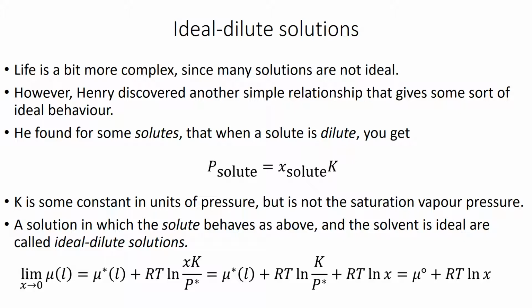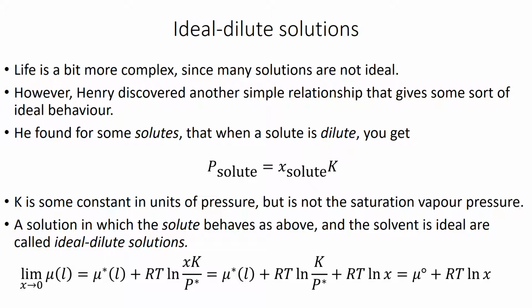And basically what I've written down here at the bottom states that in the limit of the mole fraction becoming 0, that's just to say it's becoming dilute, the chemical potential of your solute is equal to its pure state chemical potential plus RT log xK on P star.